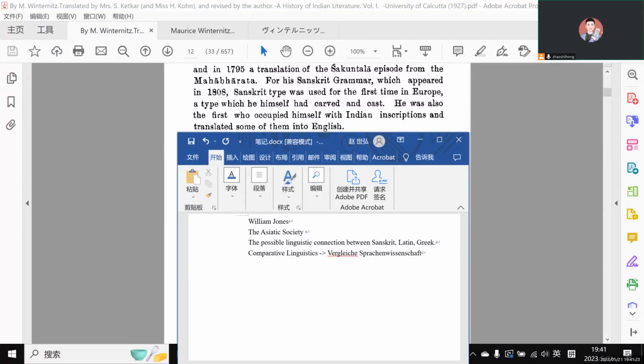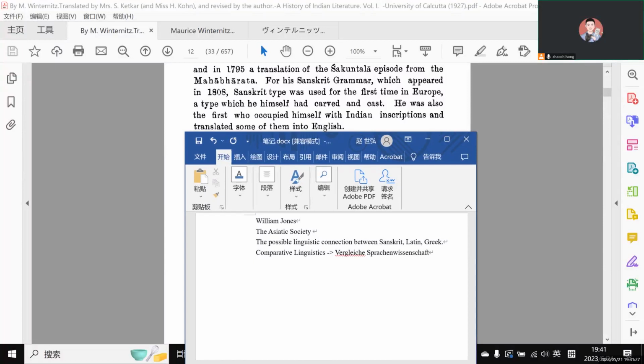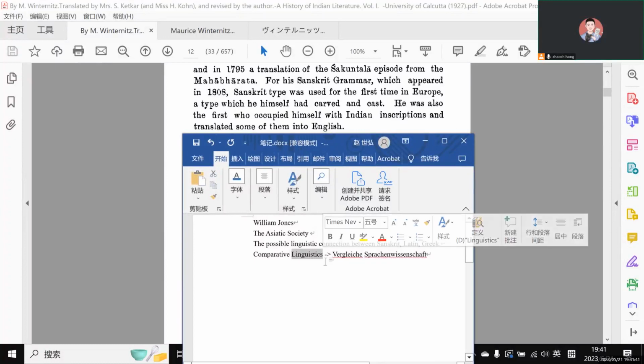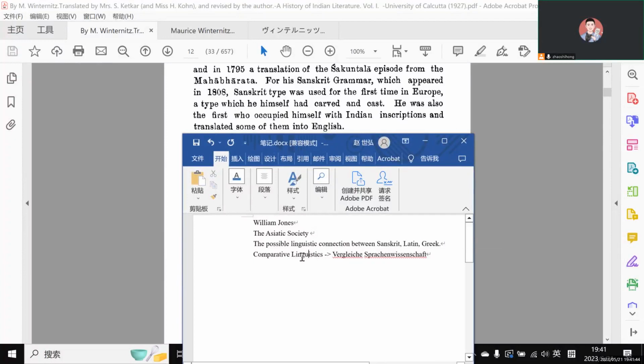I don't know if I have spelled this correctly or not, but that's the form I remember. Corresponding to comparative linguistics. So in German, there is no very simple word for this, but it has a compound.